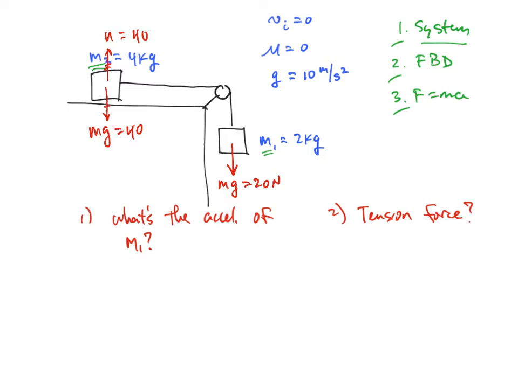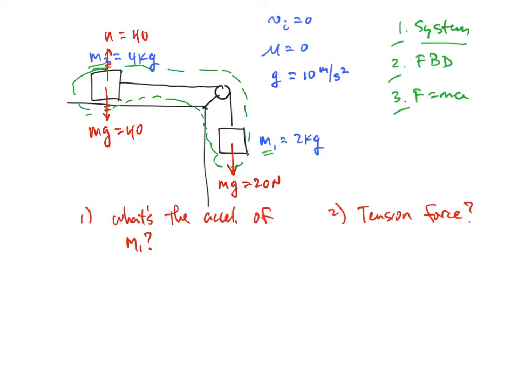These 2 have to be equal because M2 doesn't accelerate vertically. And those are the only external forces on that system. Since I've chosen both blocks taken together as my system, that means that I don't draw any of the internal forces related to tension or anything like that.